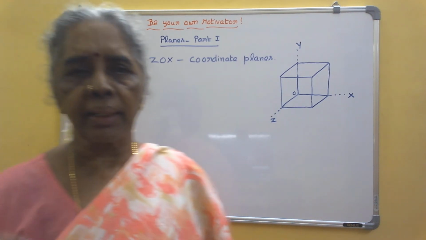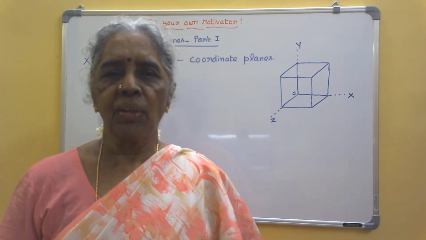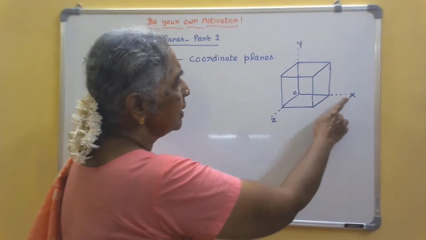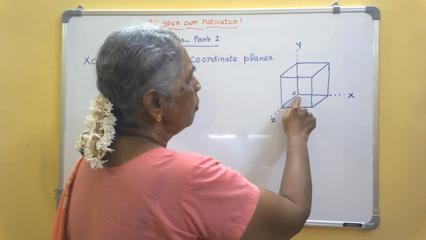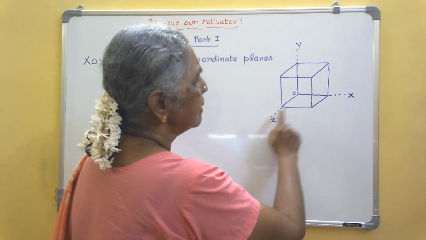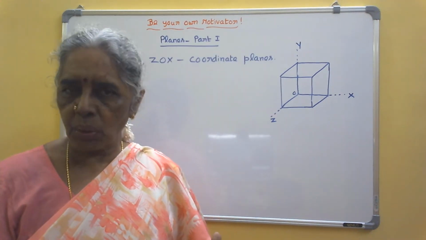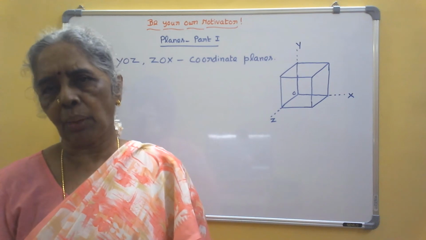Just as you know there are X-axis, Y-axis, Z-axis, which are the coordinate axes. So here see, this is XOY plane and this is YOZ plane. This is ZOX plane. We can show only like this, but actually the three axes are mutually perpendicular.